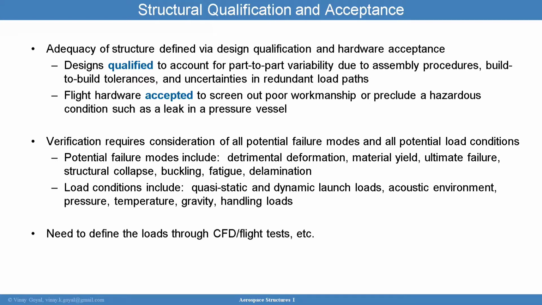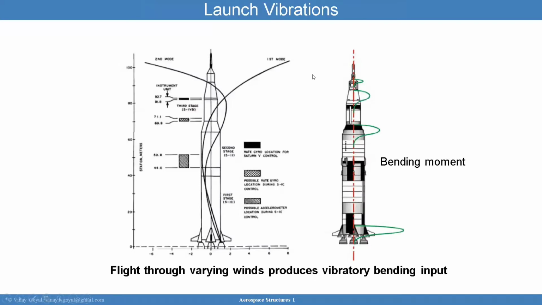Now, that's a qualification test. You take that qualification test article and you test it to failure, and you do that to really understand the limits of the design. So for example, say I have this interstage here, and that interstage has a load from aerodynamic consideration that was found to be 1 million pounds.